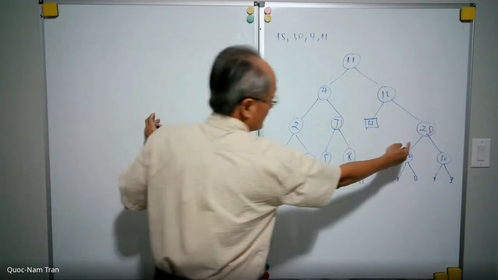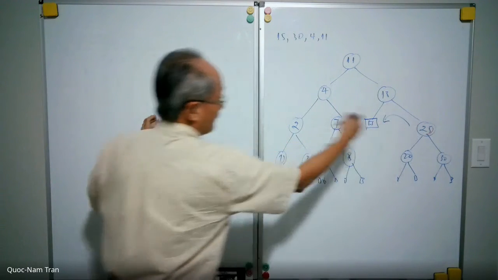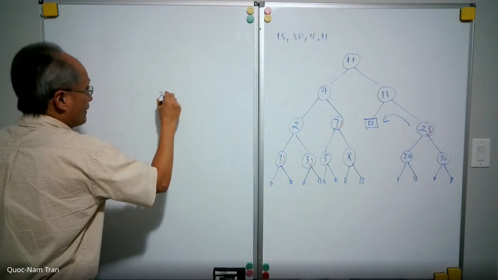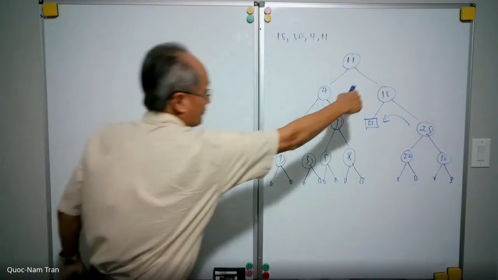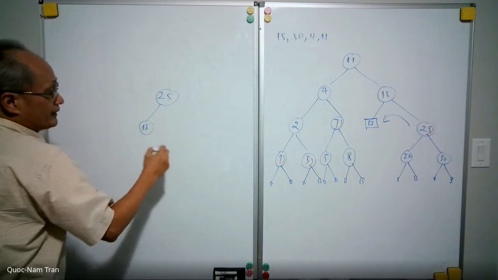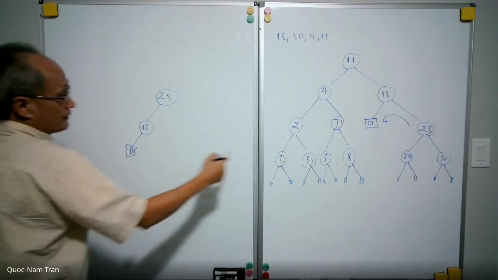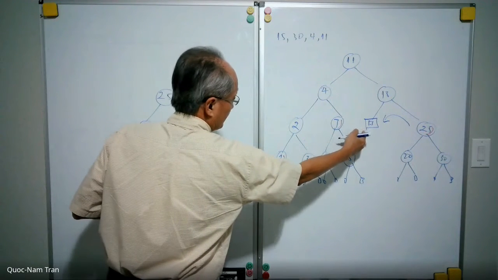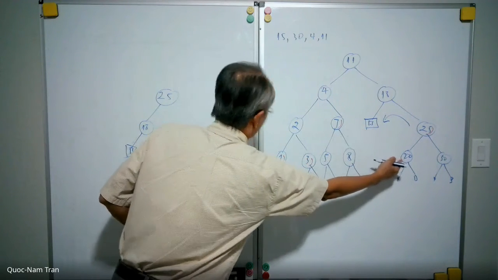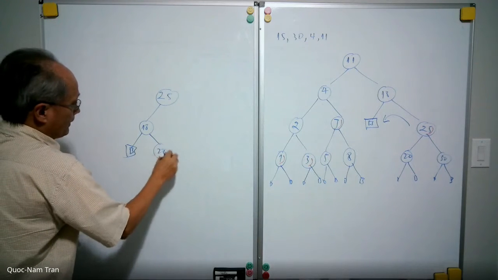So rotating here, we will have 25 up, and then bring 18 down, right? On the left-hand side, we have the double black node, and then 20 will be plugged into the right of 18.